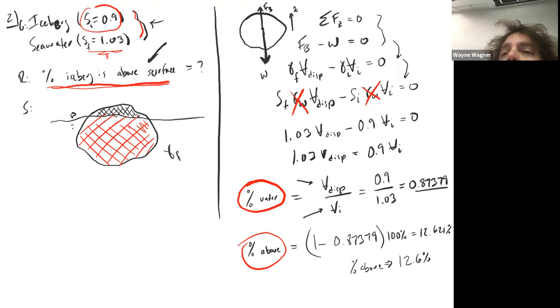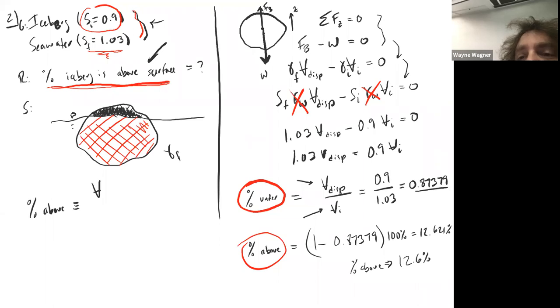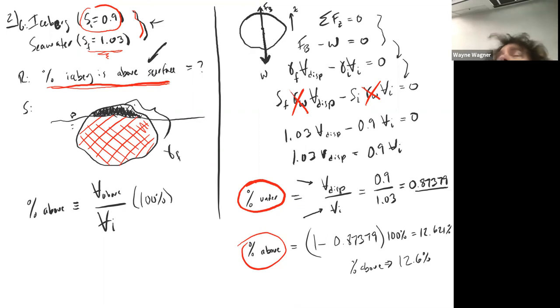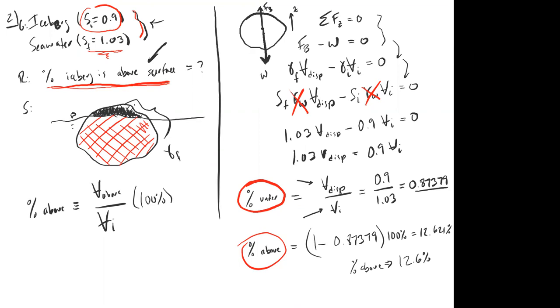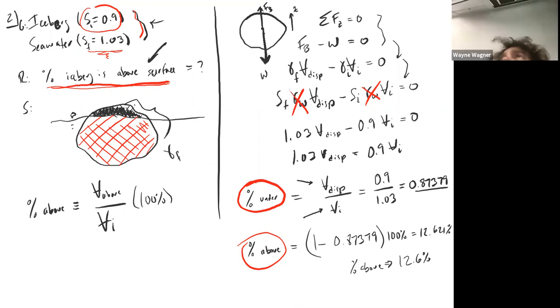The percent above would be defined as the volume that's above divided by the total volume of the ice, the whole volume of the ice, times 100%. That's what we're looking for. But we can't really get at that because we don't have the volume above in any of our equations.